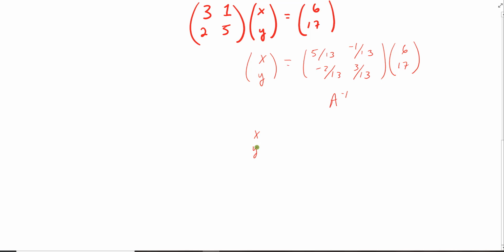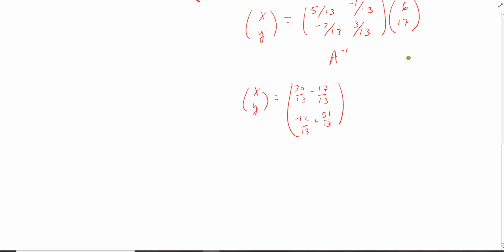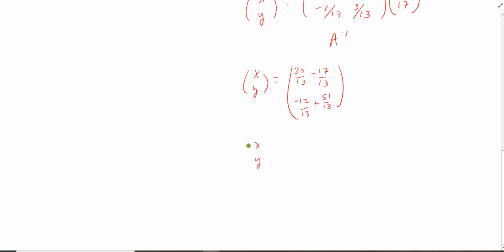So we find then that xy is equal to, and we do this multiplication, so let's see here, this will give us 30 thirteenths minus 17 thirteenths for the first entry, and we get minus 12 thirteenths plus 51 thirteenths for the second entry, or that xy is equal to 13 thirteenths and 39 thirteenths.